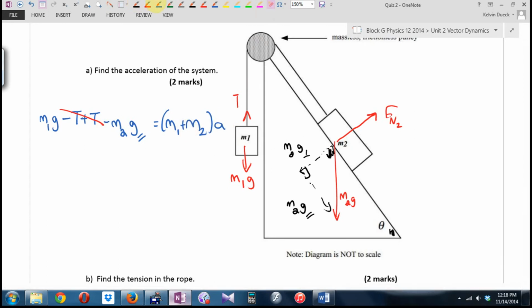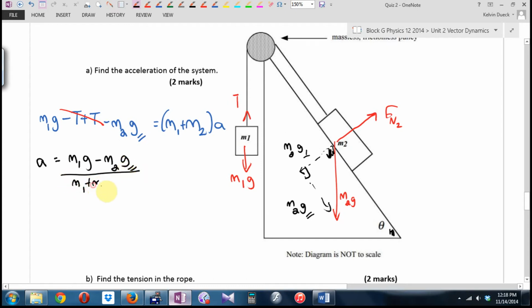On my next line, A equals M1G minus M2G parallel, which is M1G minus M2G sine, all over M1 plus M2.